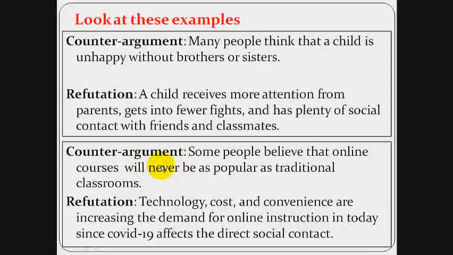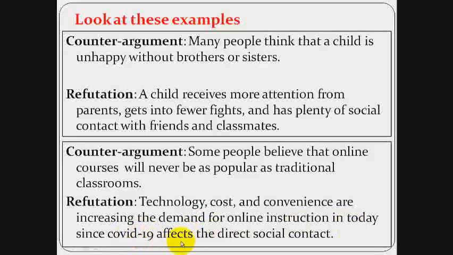So, to make the writer's opinion stronger, we will do the refutation, information that is completely opposite to the counter arguments. So, in the refutation, we are saying technology, cost, and convenience, meaning machines like computers, laptops, and smartphones, are increasing the demand for online instruction today.